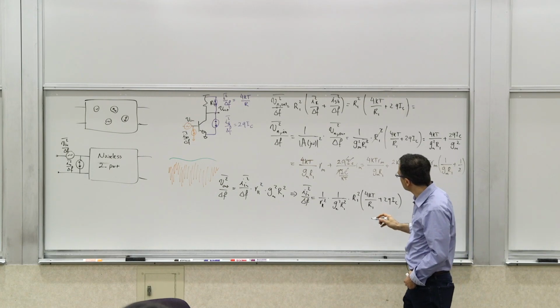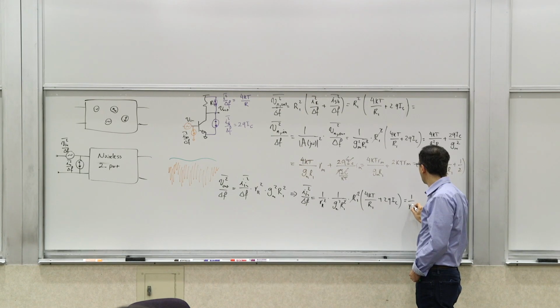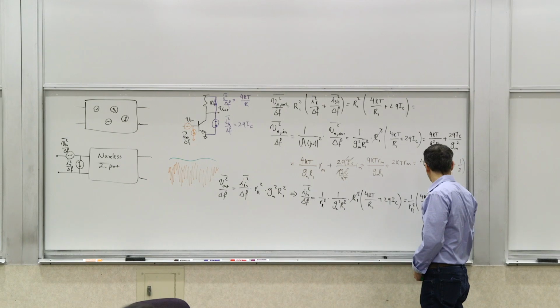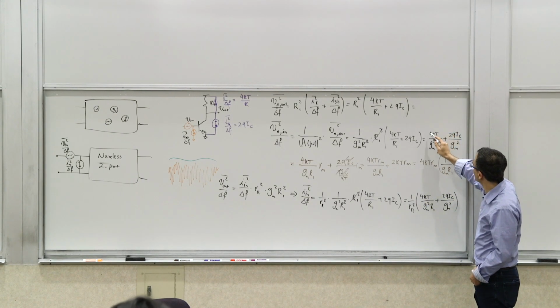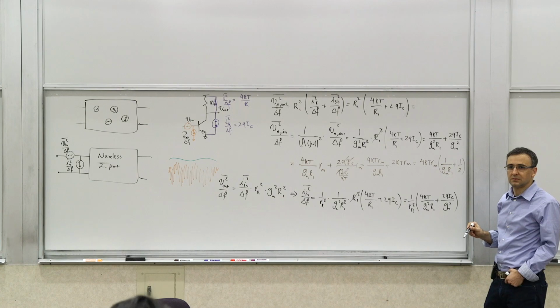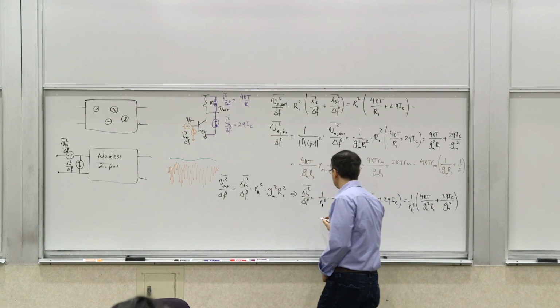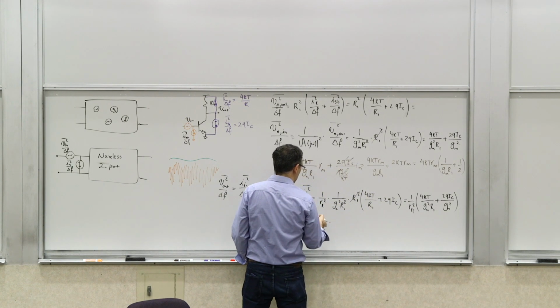And if you do that, you basically see that this guy cancels that guy. So you're left with 1 over R pi squared, 4kT Gm0 R1 plus 2QIC over Gm squared, which is essentially this thing. If you want to write it that way, you can write it as 1 over R pi squared, or in general, it could be Z pi.